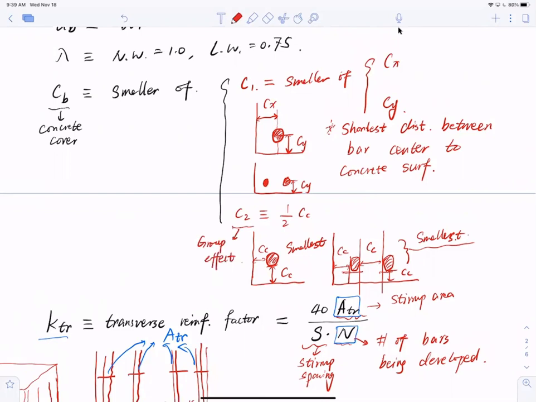And this is more like a corner bar effect. If I want to draw it, essentially we're looking at a crack that can generate here and can generate here. And here in this one, we're worried about a crack that can generate here, here, here, and here. So they're a little bit different.